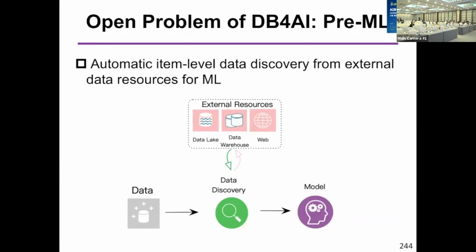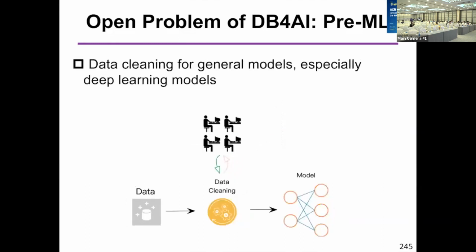And this is usually model-aware discovery. Traditional data discovery focuses on some database applications and does not touch the machine learning techniques. The second one is data cleaning for deep learning.